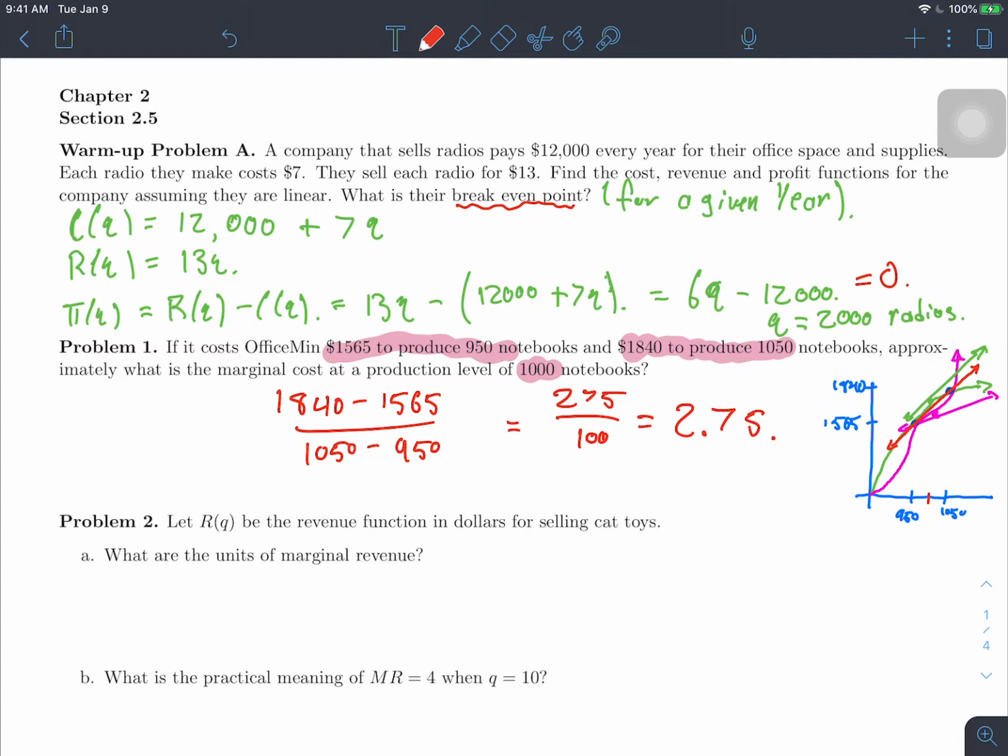Okay, so if I was going to answer this question in words, I would say the marginal cost is approximately $2.75 per notebook.